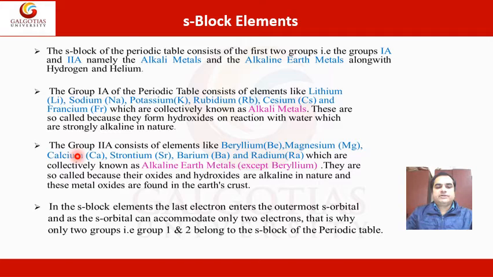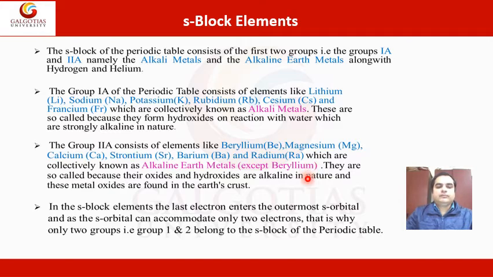Similarly, group 2 consists of elements like beryllium, magnesium, calcium, strontium, barium, and radium, represented by the symbols Be, Mg, Ca, Sr, Ba, and Ra. These are collectively known as alkaline earth metals, except beryllium.